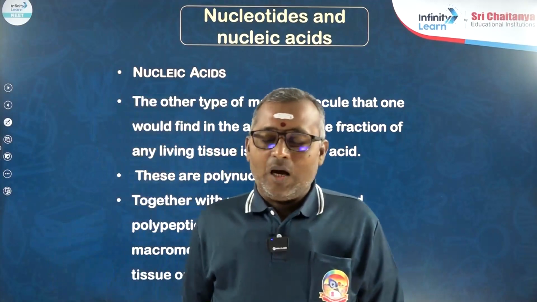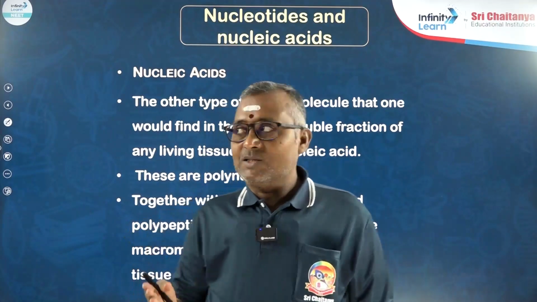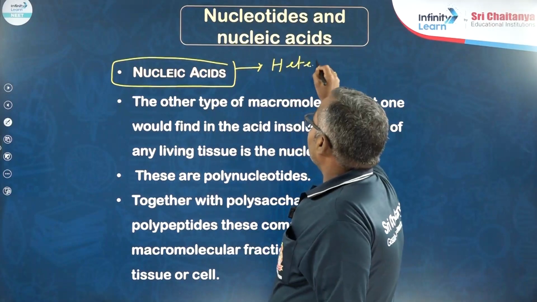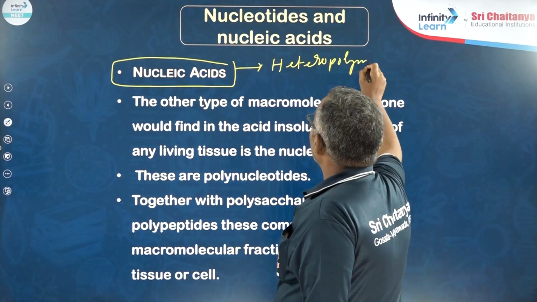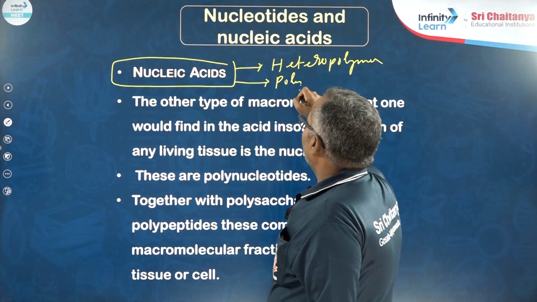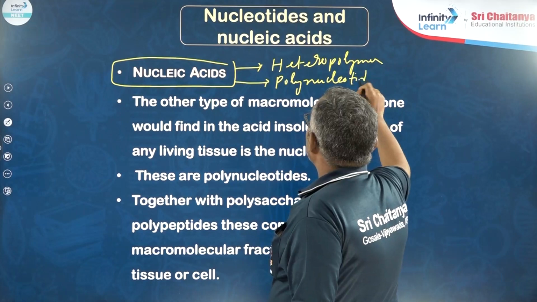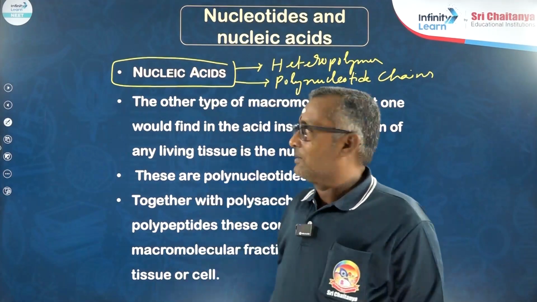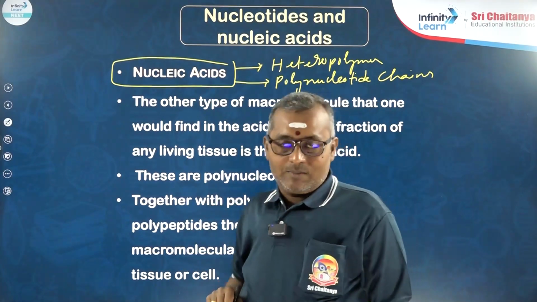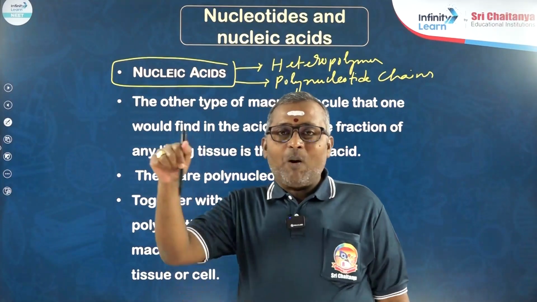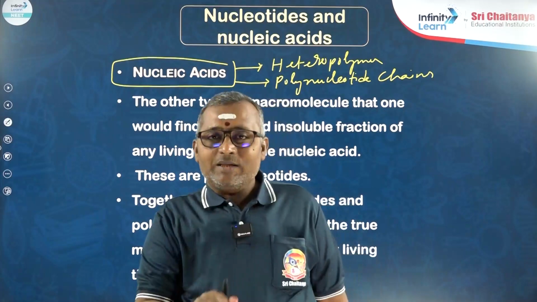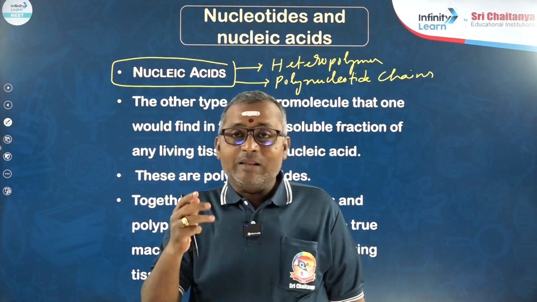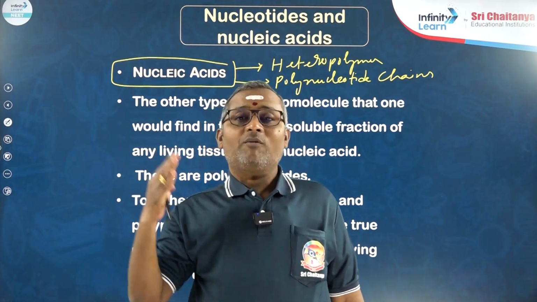Nucleic acids are also heteropolymers. They are said to be polynucleotide chains, because the building blocks of nucleic acids are nucleotides. Nucleic acids, along with polysaccharides and proteins, constitute the true macromolecular fraction, and they get separated into the acid insoluble pool of the living system.